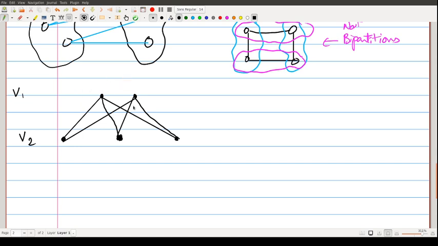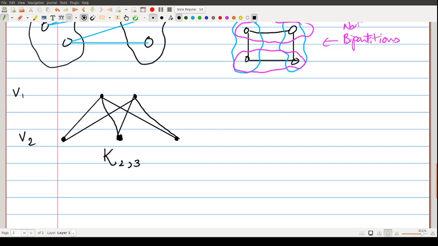So this is called a complete bipartite graph called K23, such that it's complete. K symbolizes that it's complete. 2, 3 symbolizes that it's a bipartition where one set contains two vertices and the other set contains three vertices, right?